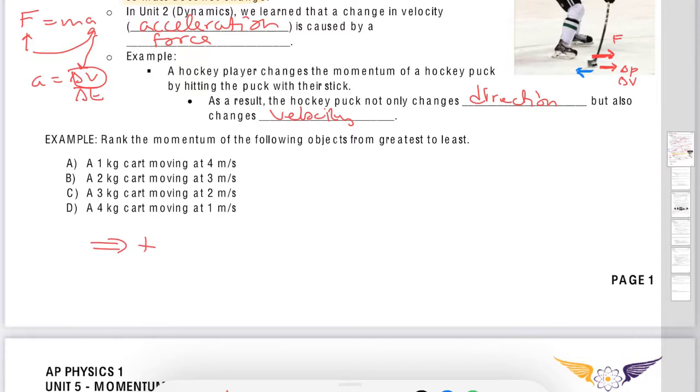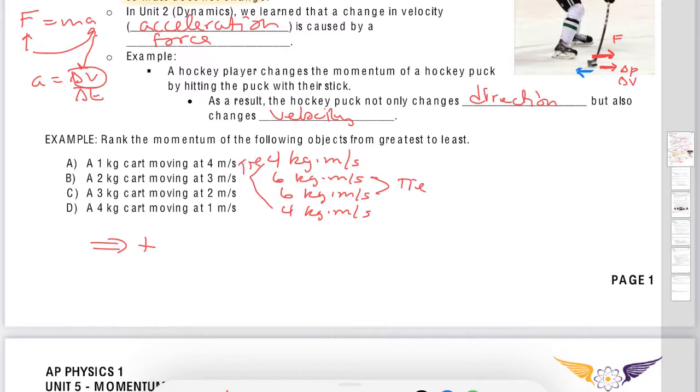Okay, so if I do m times v for scenario A, it will have 4 kilograms times meters per second. If I do it for B, it'll have 6 kilograms times meters per second. If I do it for C, it'll have 6 kilograms times meters per second. So you can see here we've got a tie. And then for the last cart, it'll have 4 kilograms times meters per second, so we also have a tie there.